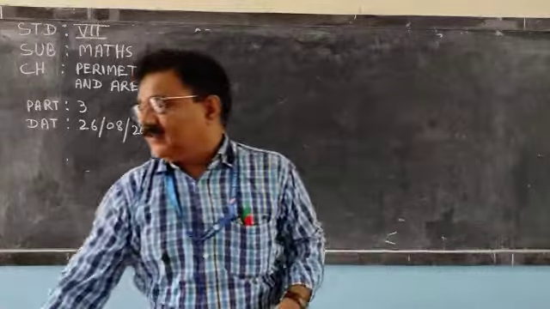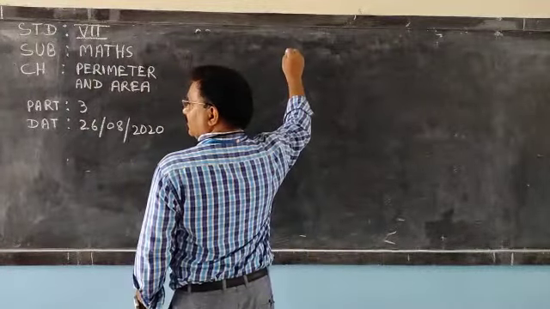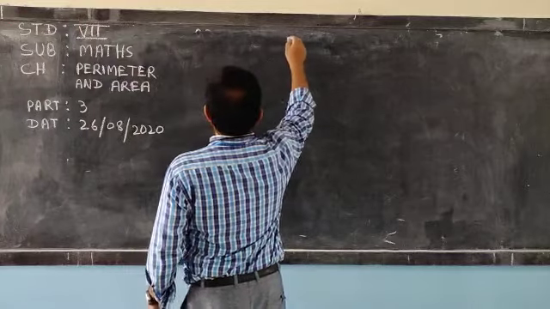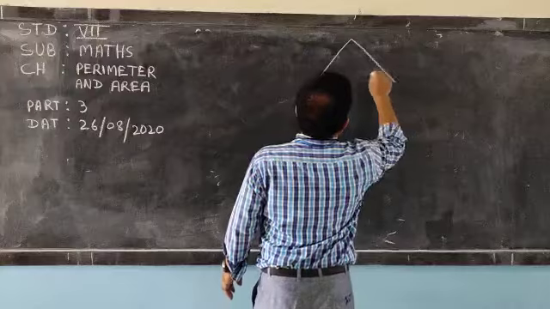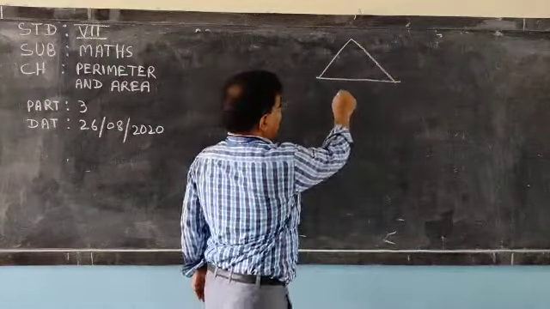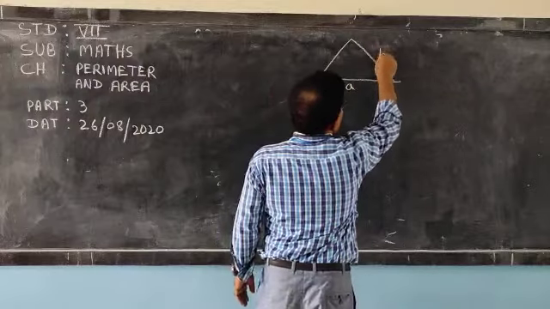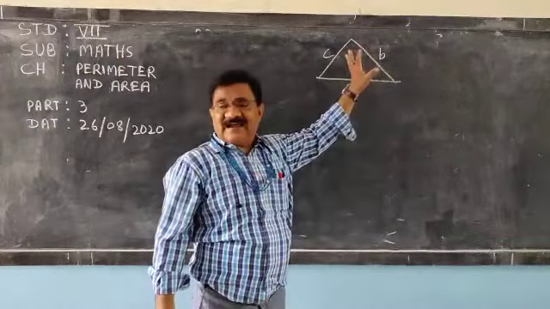Suppose this is a triangle and three sides are given. Let it be side A, let it be B and let it be C. Means distance of side is given.